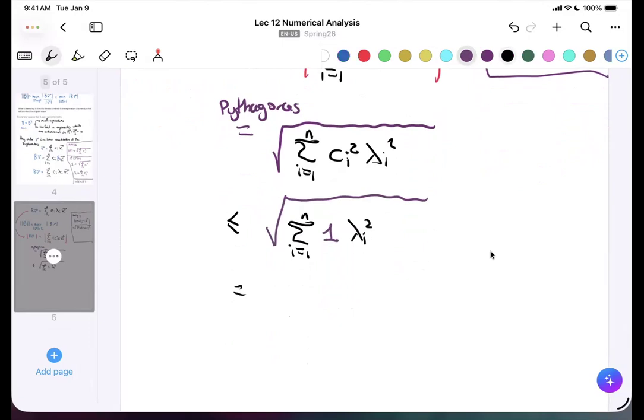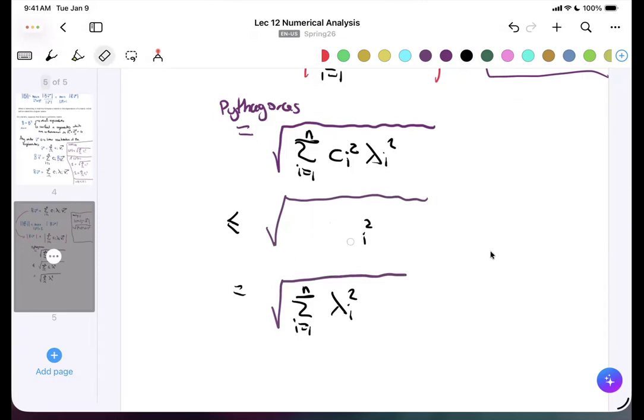That is the square root of the sum of the squares of the eigenvalues, right? Actually, let me see. This is true, but it is too sharp an inequality. It's correct, but it is too much of an inequality. So I will do this a different way.